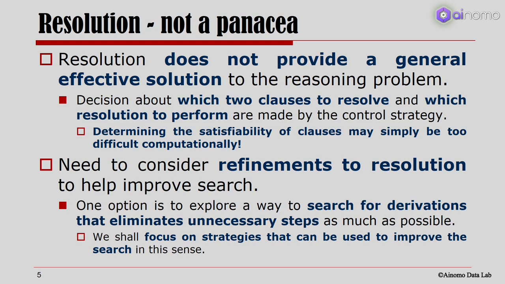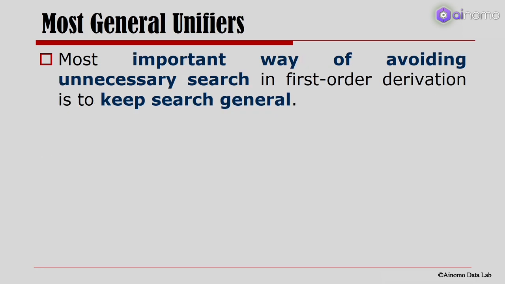Look for strategies that can be used to improve the search in this sense. In fact, the most important way of avoiding unnecessary search in first order derivation is to keep the search as general as possible, and this is achieved in the unification step by taking help of what is called the most general unifier.